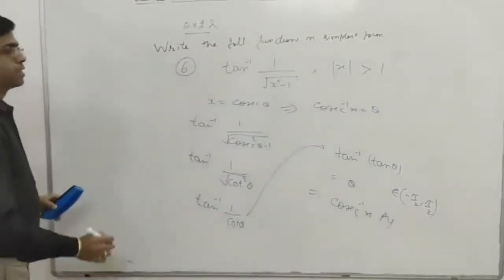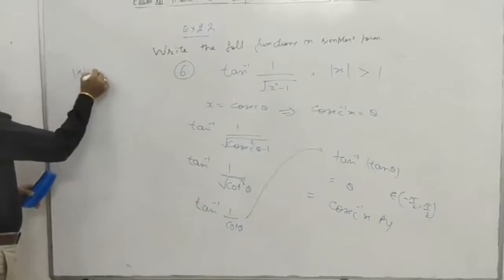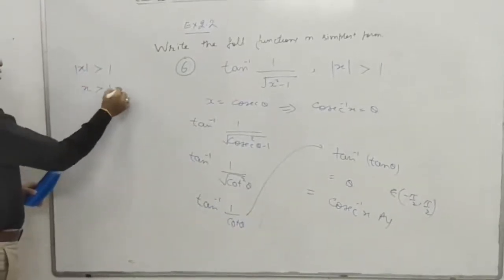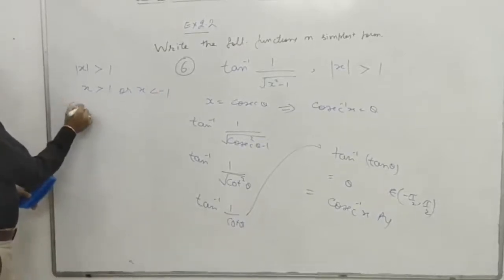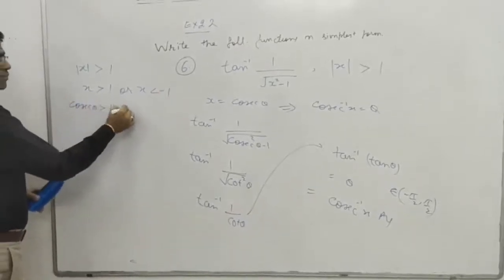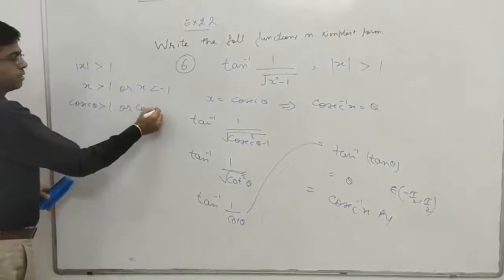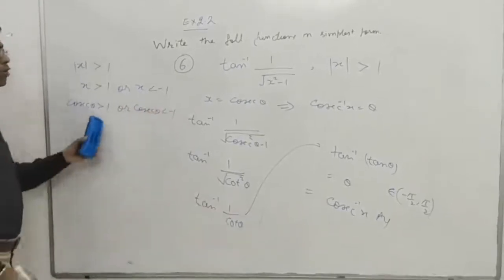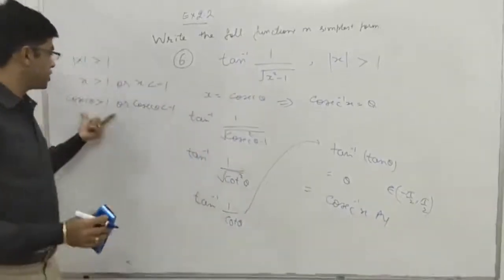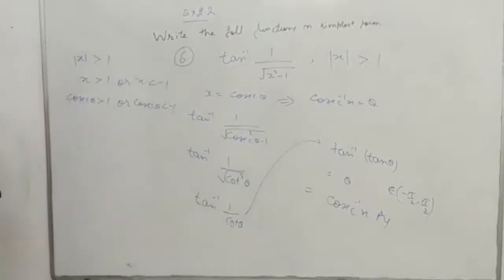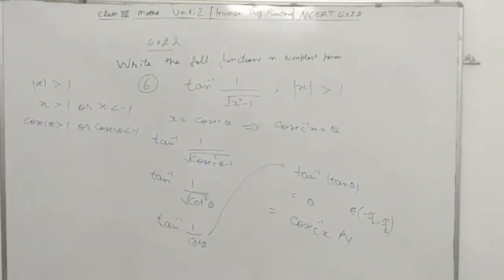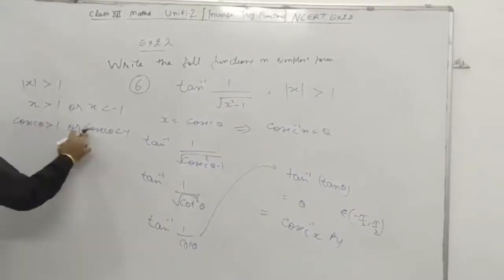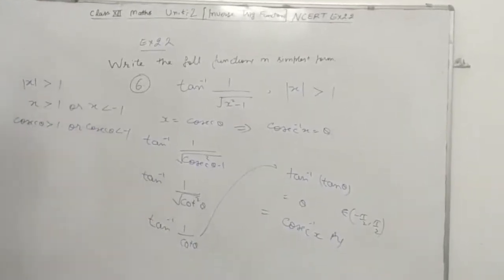Now for the validation part, mod x is greater than 1 means x is either greater than 1 or x is less than minus 1. In this case, cosec theta is greater than 1 or cosec theta is less than minus 1. We cannot take equals to 1. So cosec theta is greater than 1, cosec theta is less than minus 1.